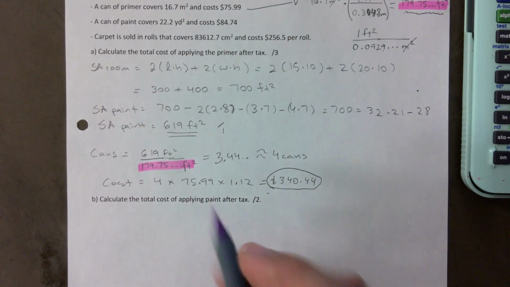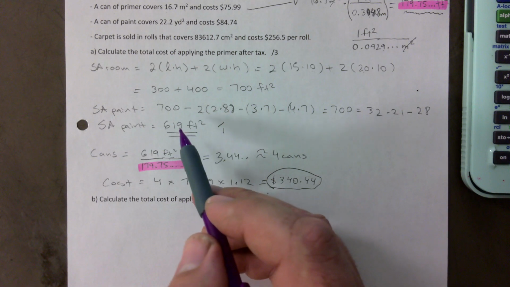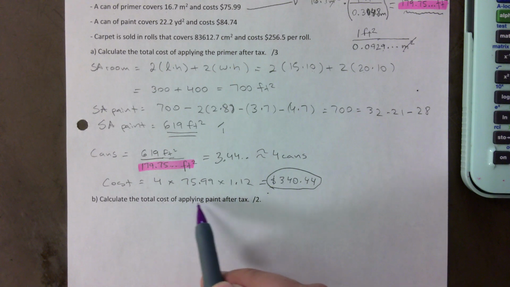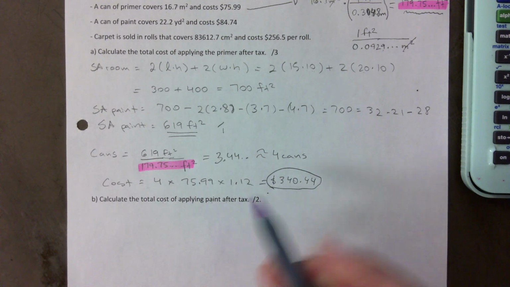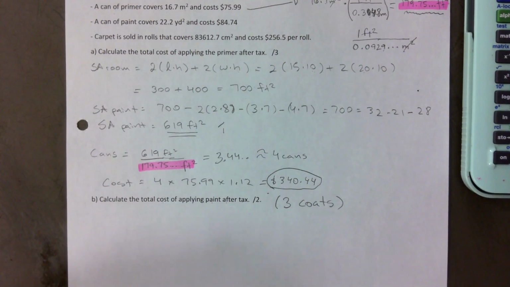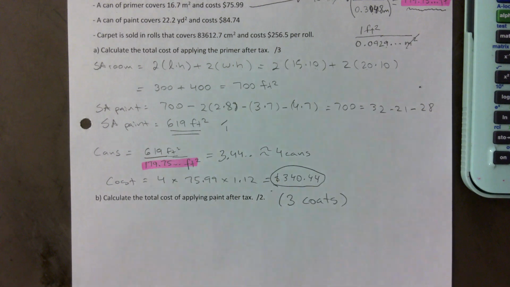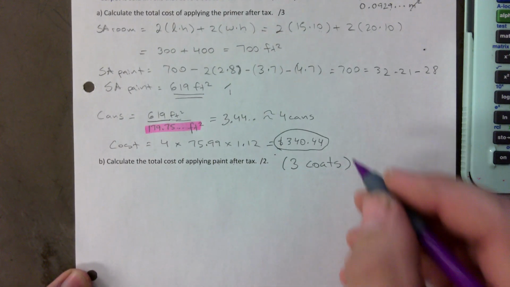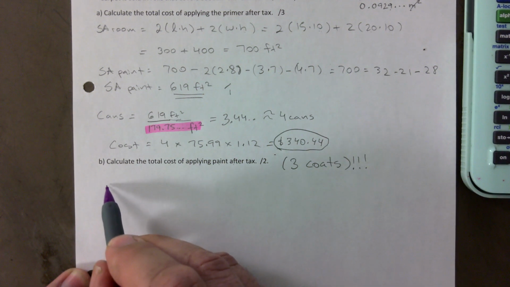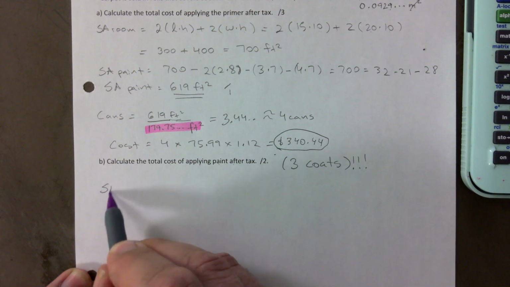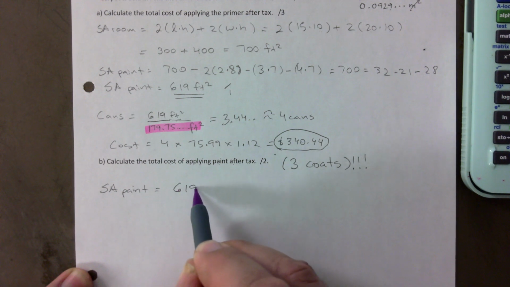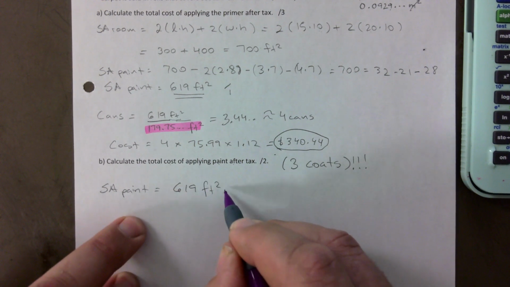Less work now because we know what surface needs to be painted, right? Next, it says calculate the total cost of applying paint after tax. We need 3 coats. Make sure you read. Okay, I gave you all that information up there. Exclamation mark, actually. Okay. So surface area painted would be 619 square feet times 3.